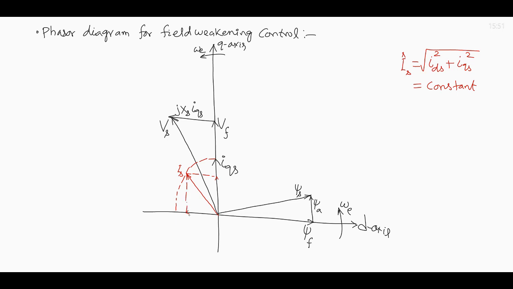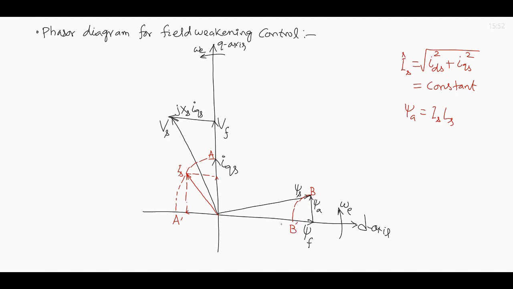So, as the current phasor rotates from say point A to A dash, then corresponding armature reaction flux psi A, which is always parallel to stator current I s, because psi A is I s into L s, so it will have a circular path like this, and corresponding to point A we have B, and corresponding to point A dash we have the point B dash.